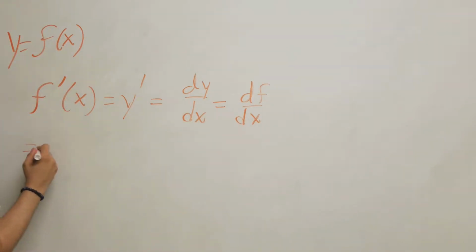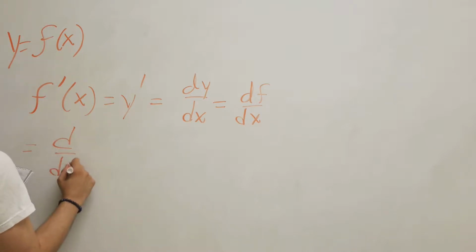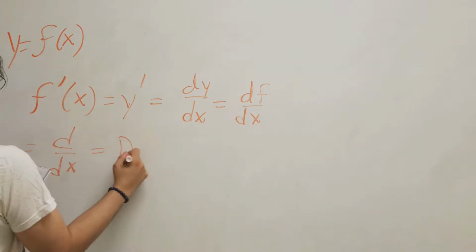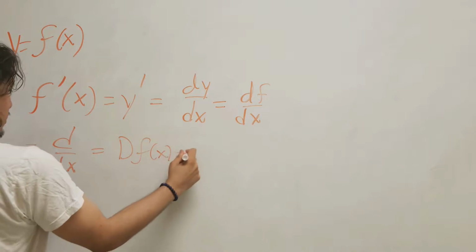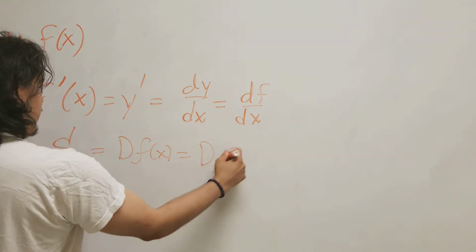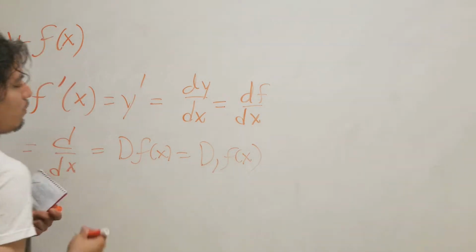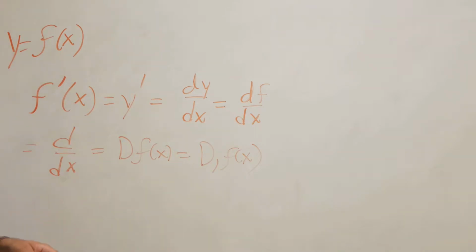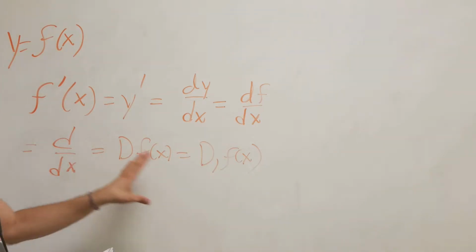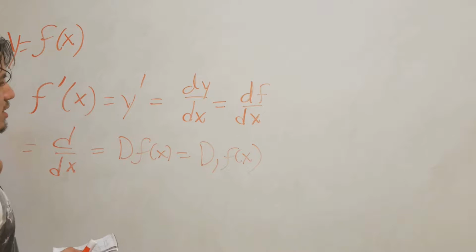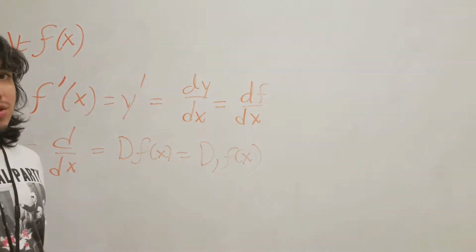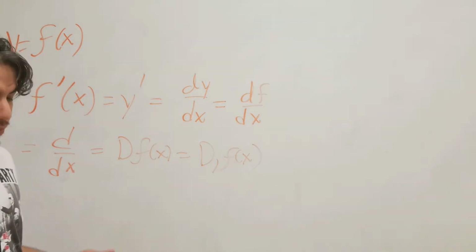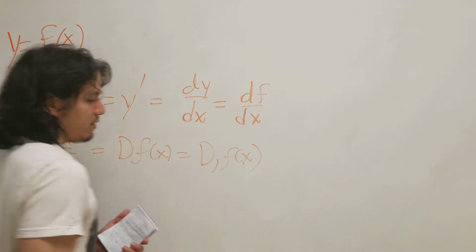We also have d over dx of f of x, and lastly d f of x. So there's many ways to introduce the differentiation notation because this is the process that helps calculate the derivative of a function. So let's write that out.